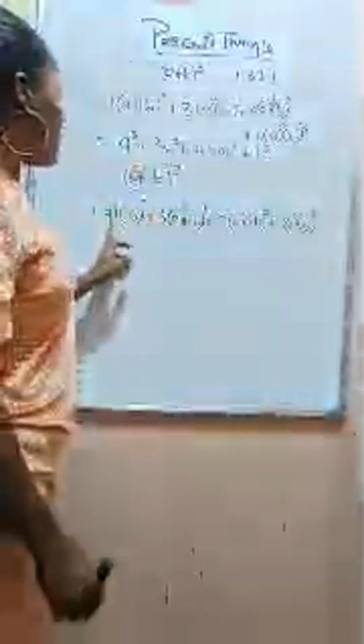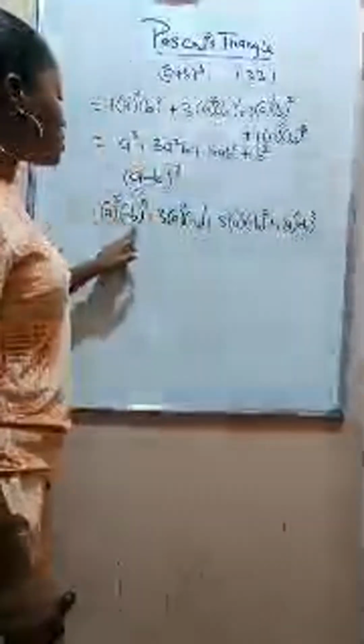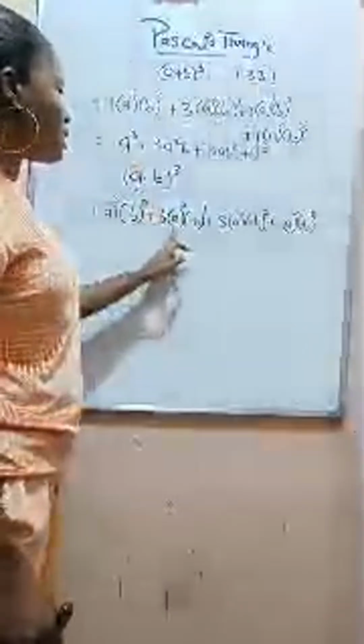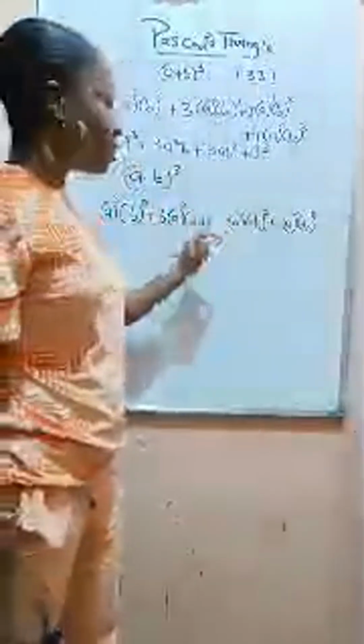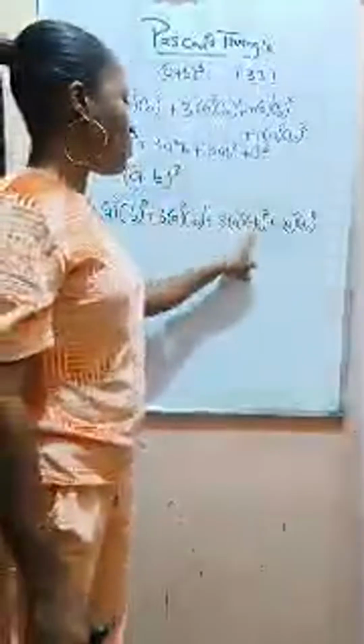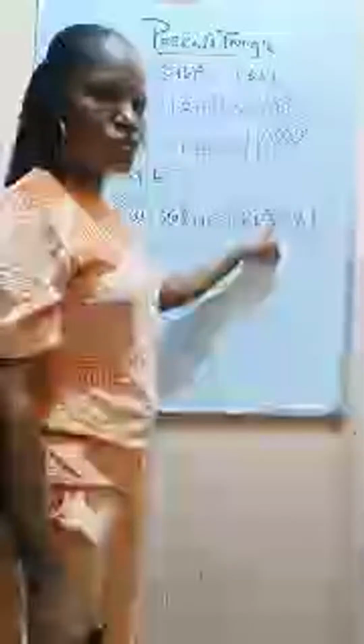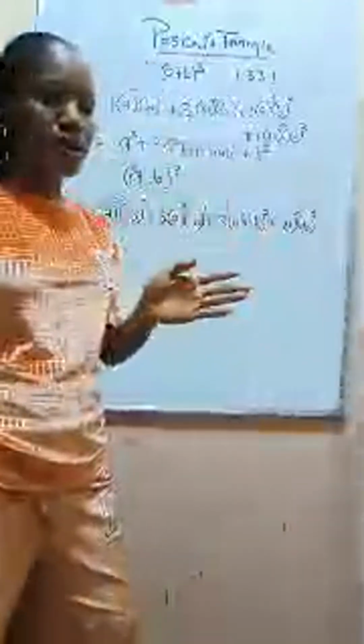Coming to this one, 0 plus 3 is 3. So it's going to be a to the power of 3 minus b to the power of 0, then a to the power of 2 minus b to the power of 1, a to the power of 1 minus b to the power of 2, a to the power of 0 minus b to the power of 3.